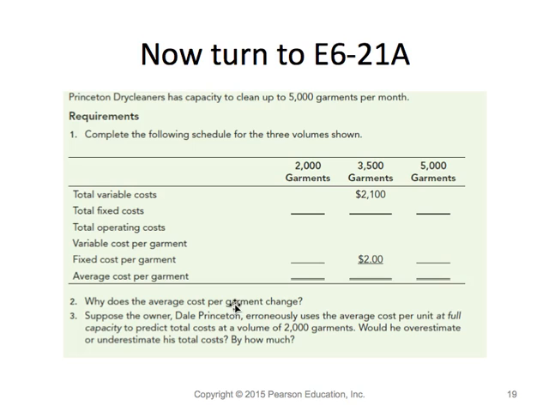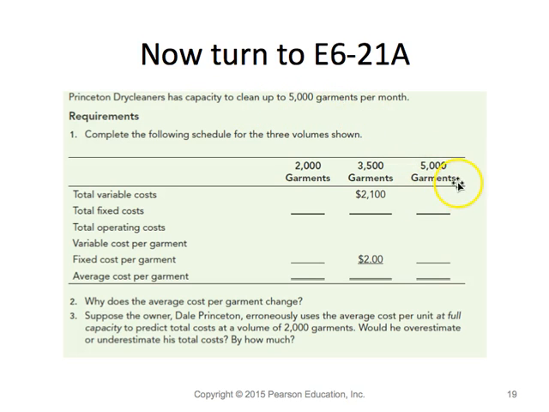So this is in chapter 20, exercise 20A. It's a back of book chapter. This one has you find all the necessary information from very limited information we have here. Princeton Dry Cleaners has capacity to clean up to 5,000 garments per month.